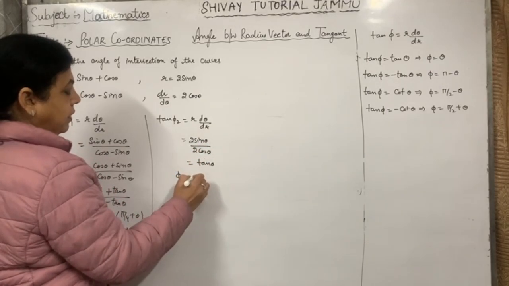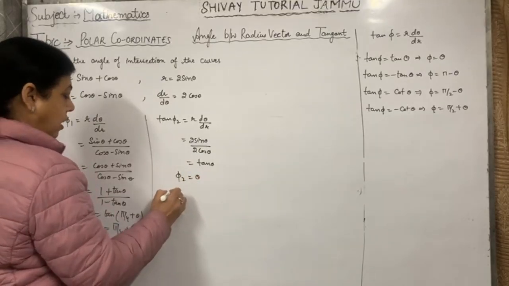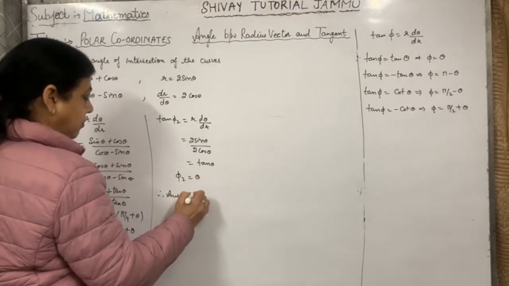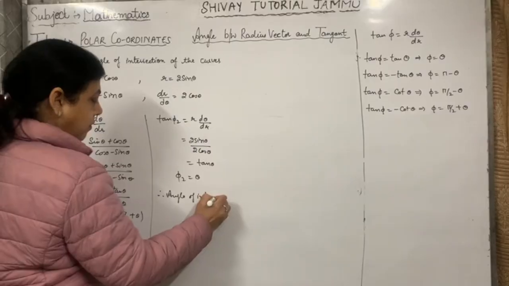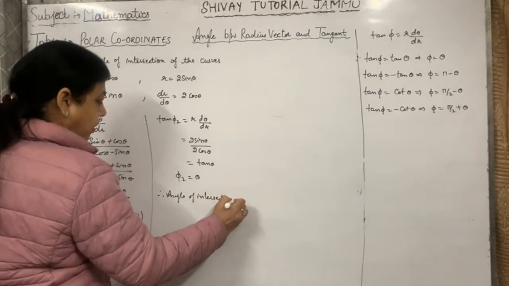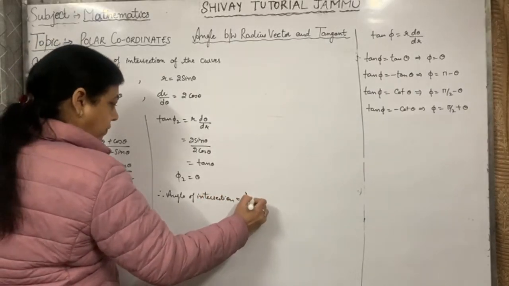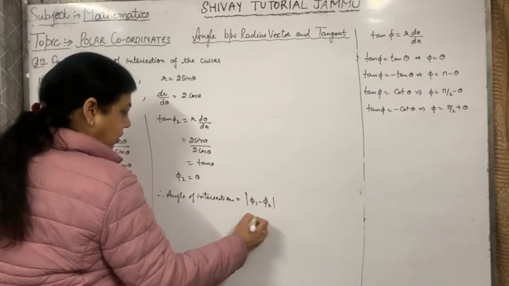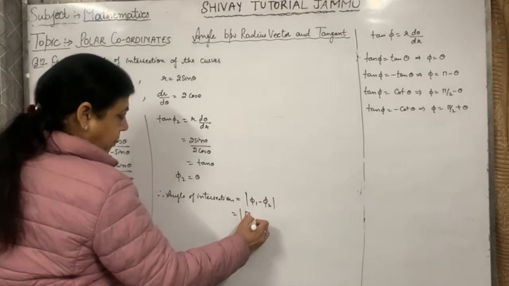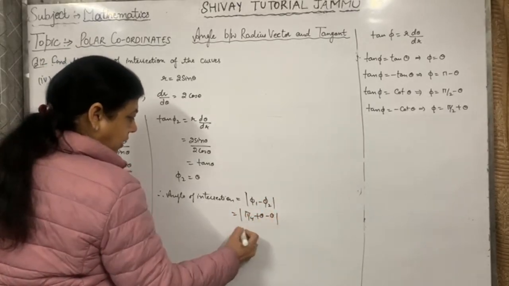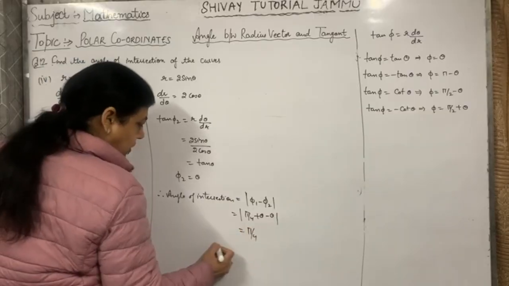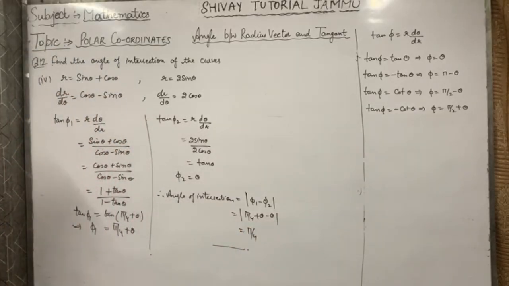Phi 2 will be theta. Therefore, angle of intersection will be phi 1 minus phi 2. So pi/4 + theta minus theta is pi/4. So this is the angle of intersection.